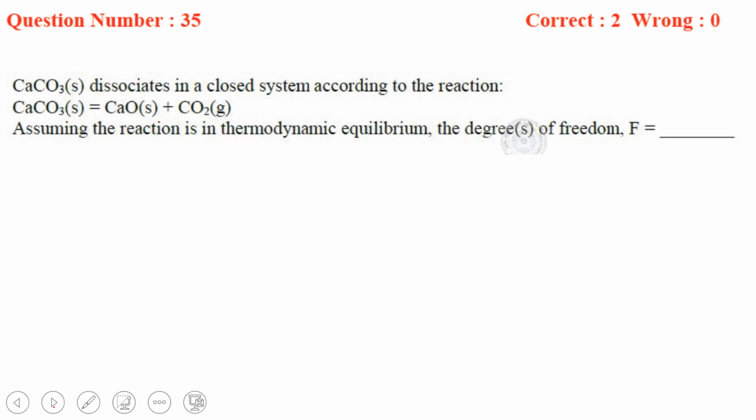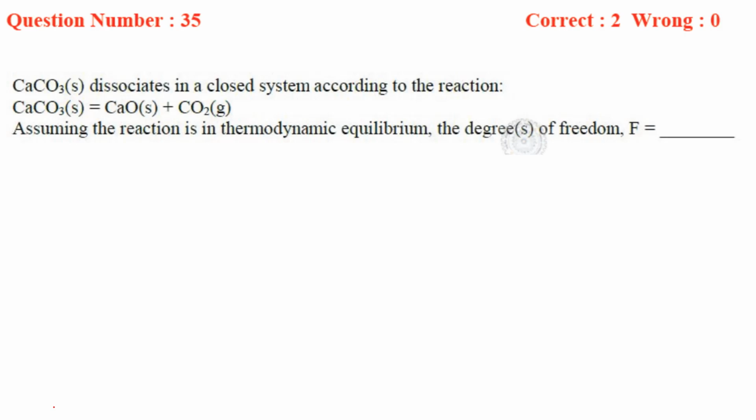CaCO3 dissociates in a closed system according to the reaction CaCO3 = CaO + CO2. Assuming the reaction is in thermodynamic equilibrium, the degree of freedom. Okay, so it is basically heated in a closed system, right?